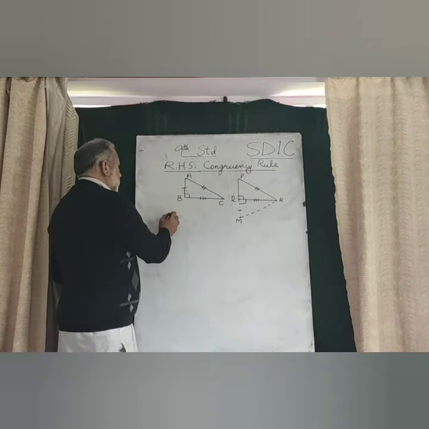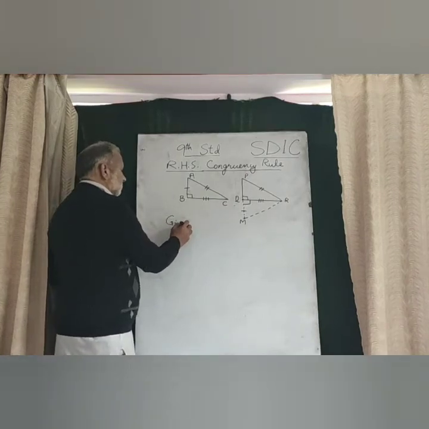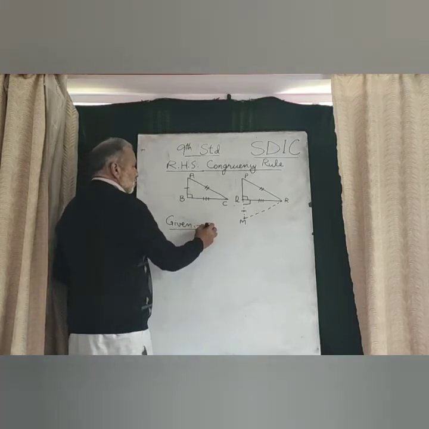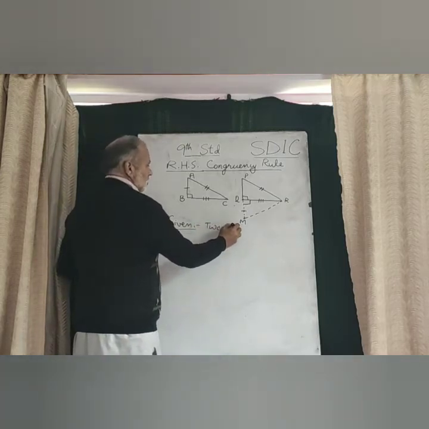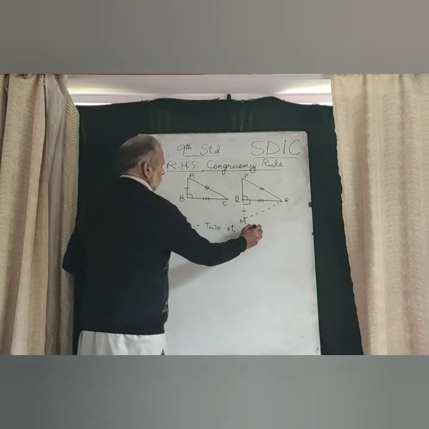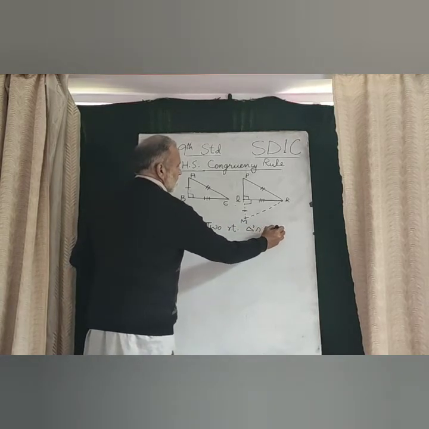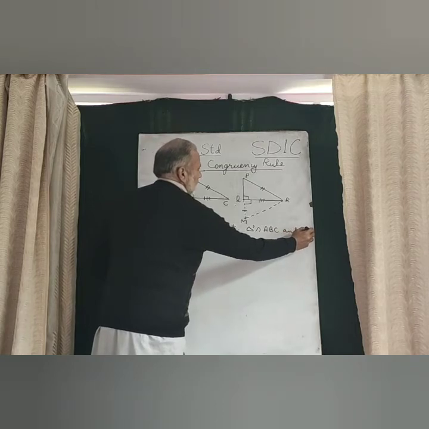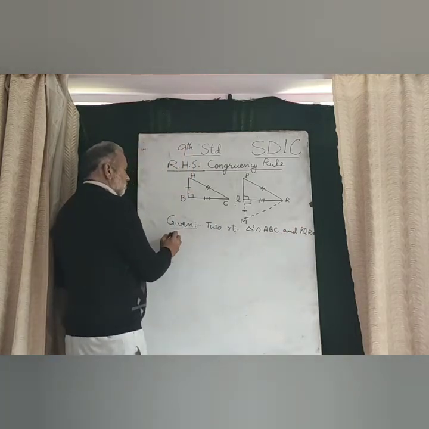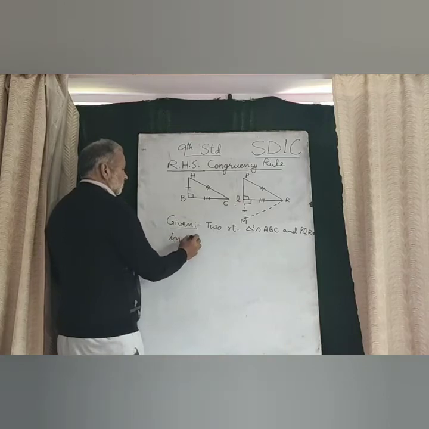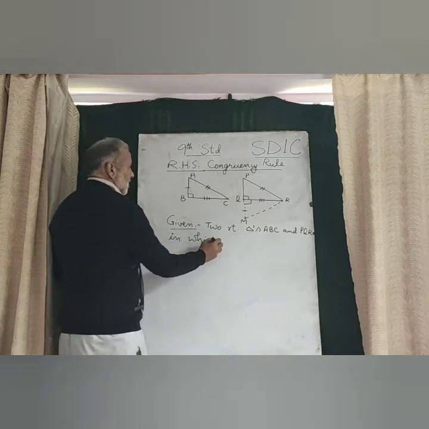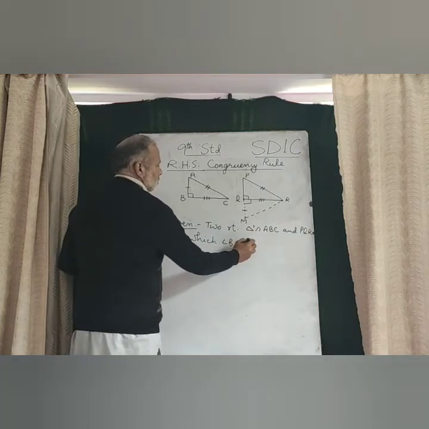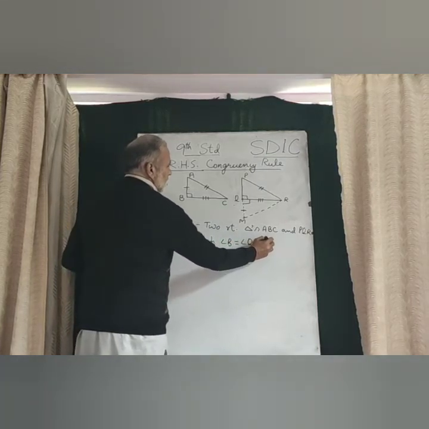We'll quickly write the given. And to prove then construction, we have two right triangles ABC and PQR, in which angle B is equal to angle Q is equal to 90 degrees.